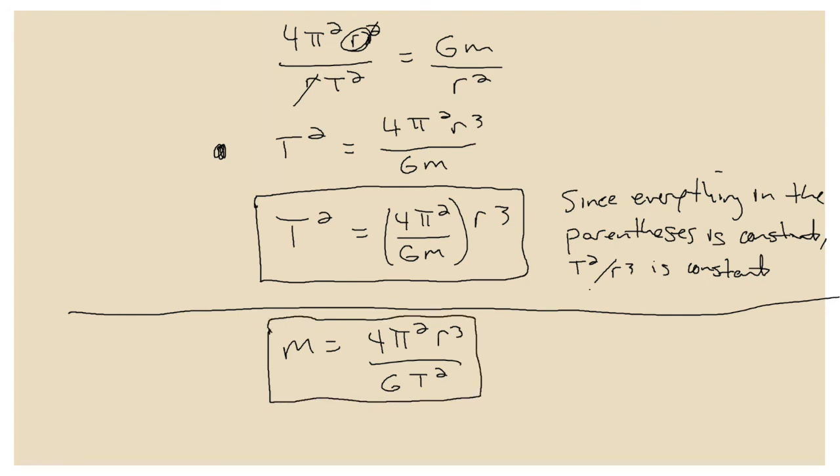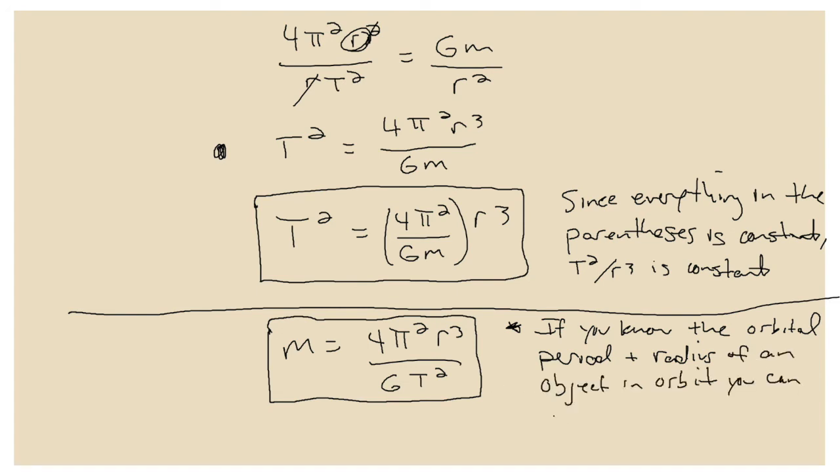And that's it. If you know the orbital period and radius of an object in orbit, you can calculate the mass of the object being orbited. And that's pretty cool.